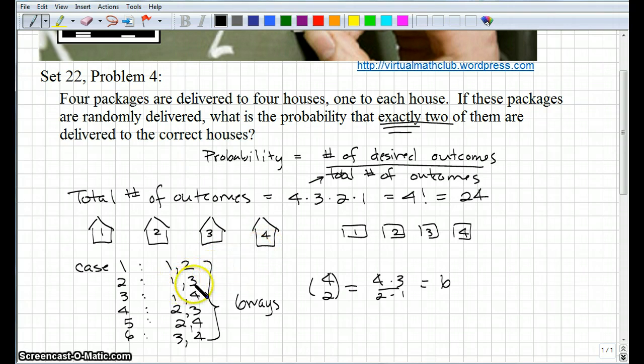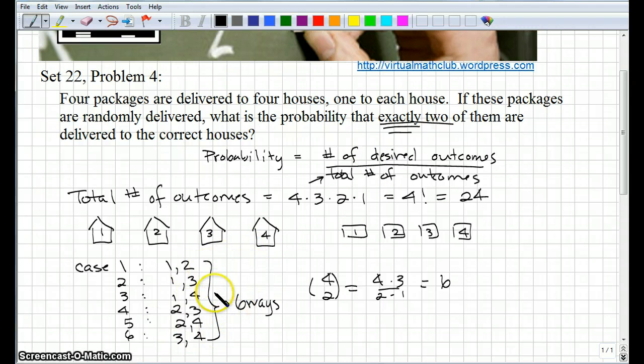The same way here, we have 1 and 3 delivered correctly, but that means 2 and 4 would have to be delivered incorrectly, and there's only one way to do that. If this had said at least 2, then we'd have twice as many. But it does say exactly 2, so we only have one way to deliver the other 2 packages in each one of these cases.